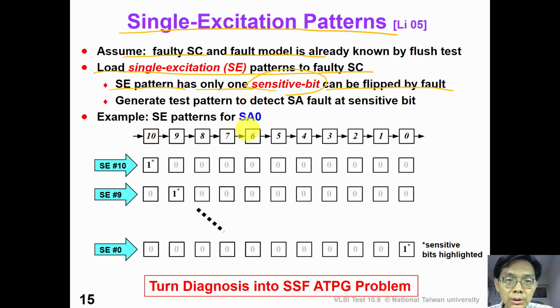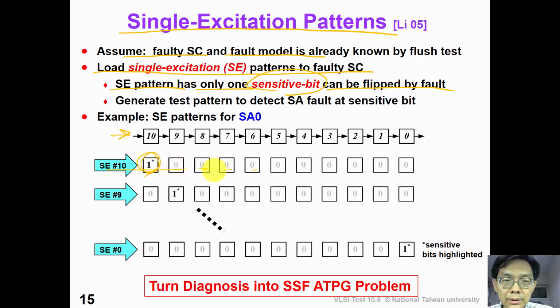For example, suppose that we know that there is one stuck-at-0 in this faulty scan chain. Therefore, we can shift in a single excitation pattern 1, 0, 0, 0, 0, and so on into this scan chain. The bit 1 is called the sensitive bit because only this bit can be flipped by the fault.